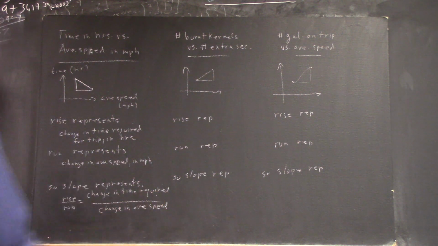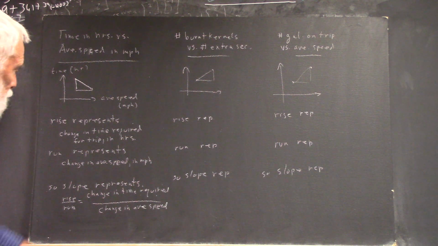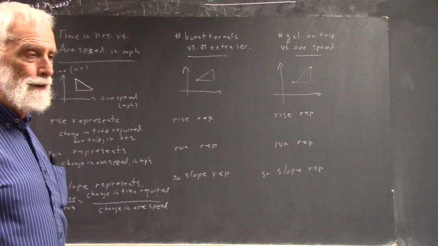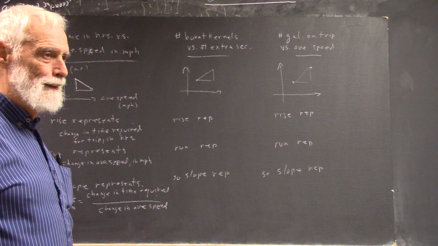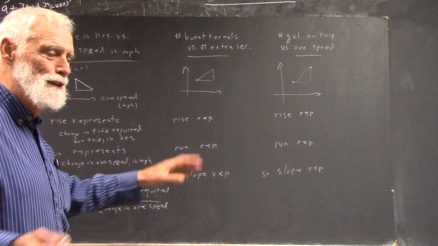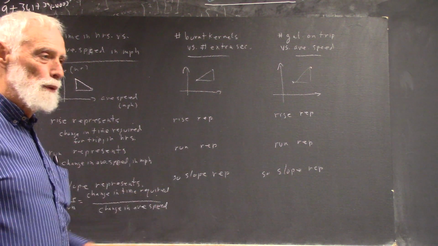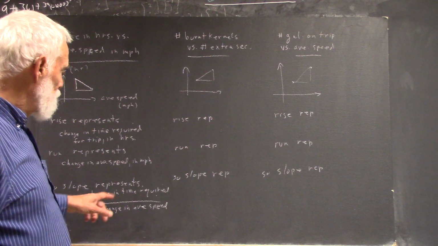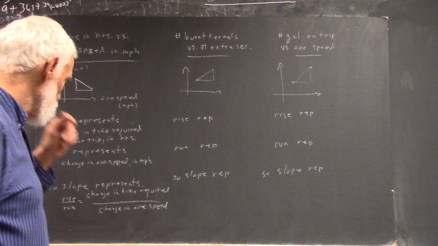And put that word required in: the time required means it's not the change in what time it is at this particular instant, if you look at your watch, okay? It's a change in the time required for the trip, very specific.